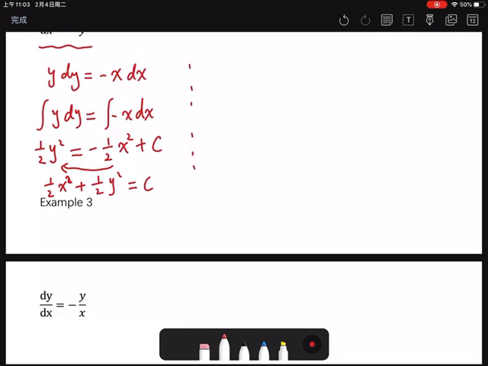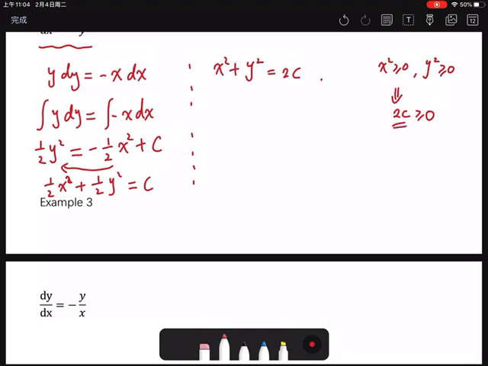And finally, it will be x squared plus y squared equals 2c. Okay, and as we know, x squared is greater than or equal to 0. Y squared is also greater than or equal to 0. So the sum of them equals 2c. It means that 2c is also greater than or equal to 0.